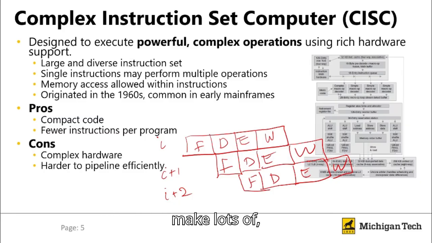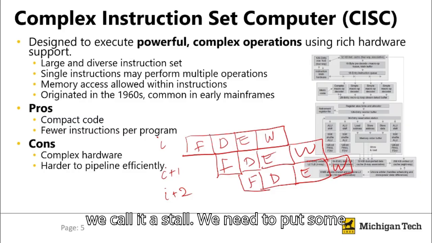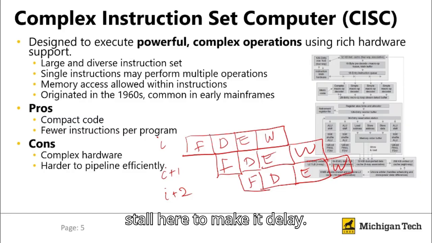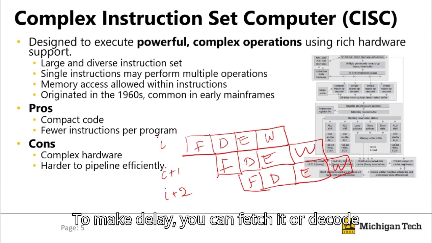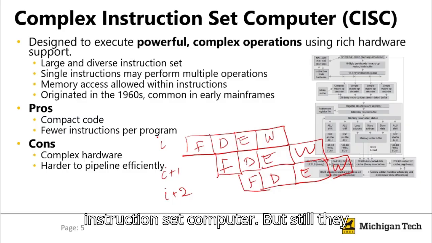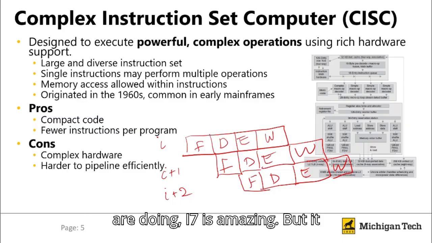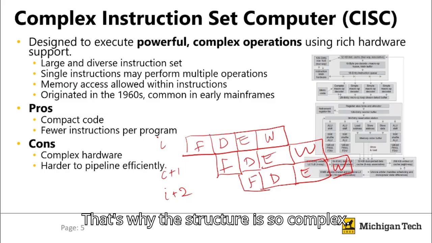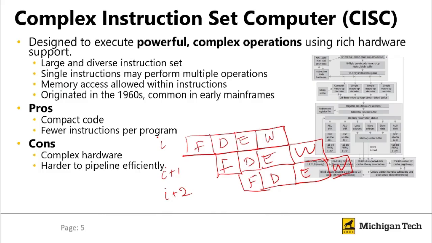You're going to make lots of what we call stalls. We need to put some stalls here to make a delay, to be able to fetch it or decode it or execute it properly. So that's a problem with pipelining in complex instruction set computers. But still they are doing it. i7 is amazing, but it makes it so complex. That's why the structure is so complex.